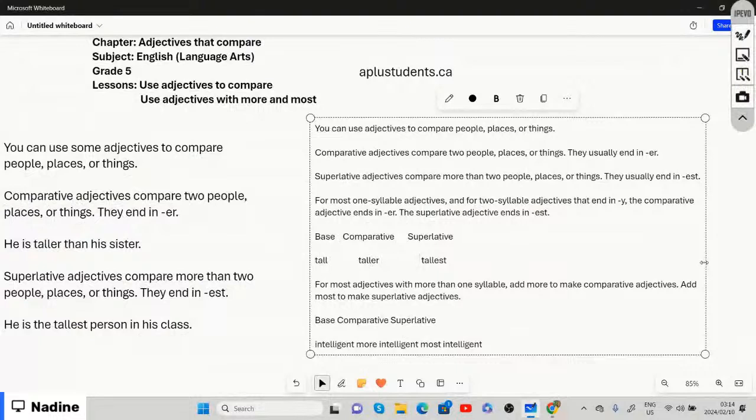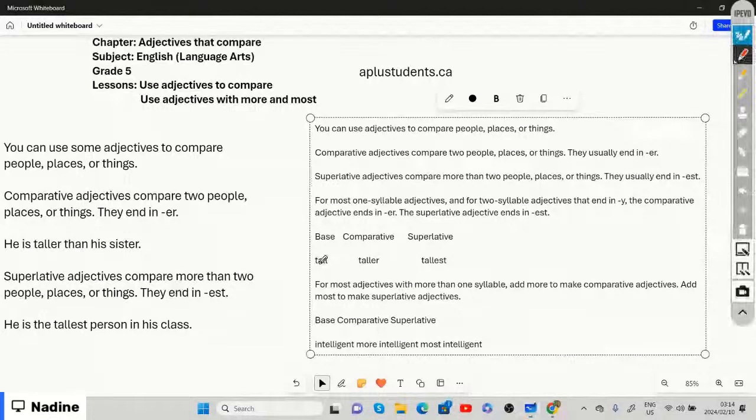We said for most one-syllable adjectives and for two-syllable adjectives that end in y, the comparative adjective ends in er and the superlative adjective ends in est. So now we have our base word, which is tall.